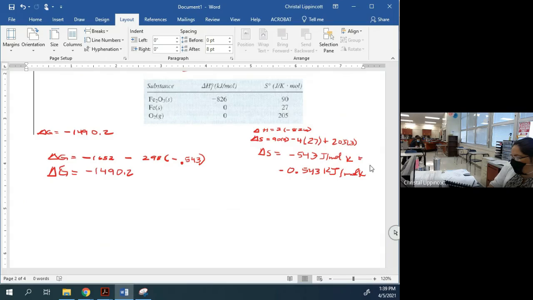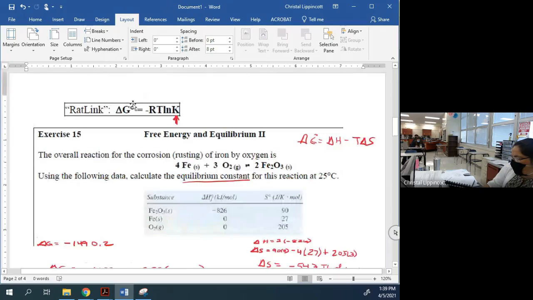So then we're going to fill that in, and we're going to put that into our Rat link equation. So remember, this is our Rat link equation. If we wanted to solve for K, if we wanted to get K by itself, we would have the natural log of K equals, I'm going to divide everything by that, and the negative I'm going to take over to this side.